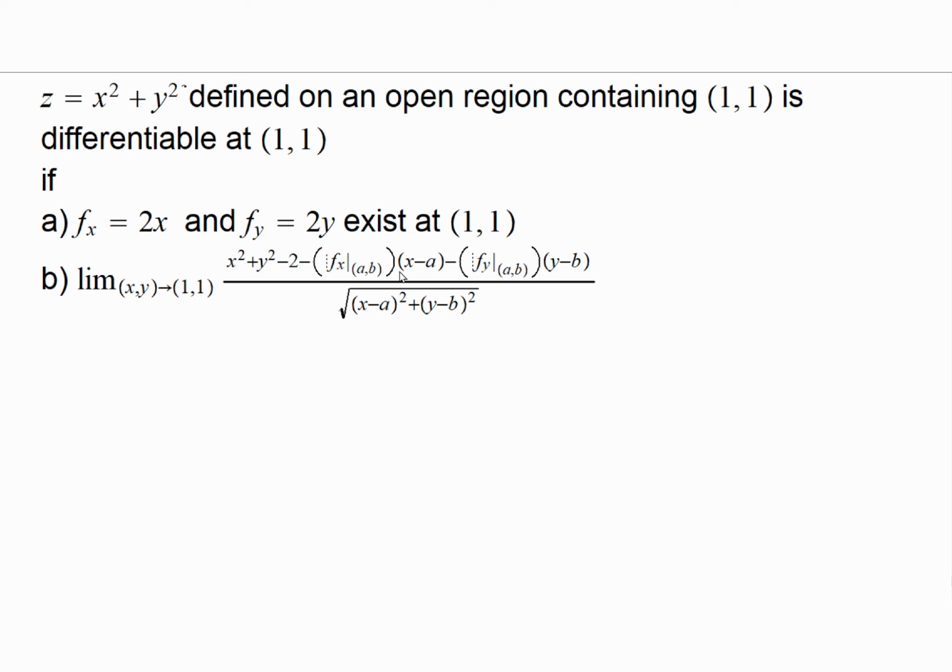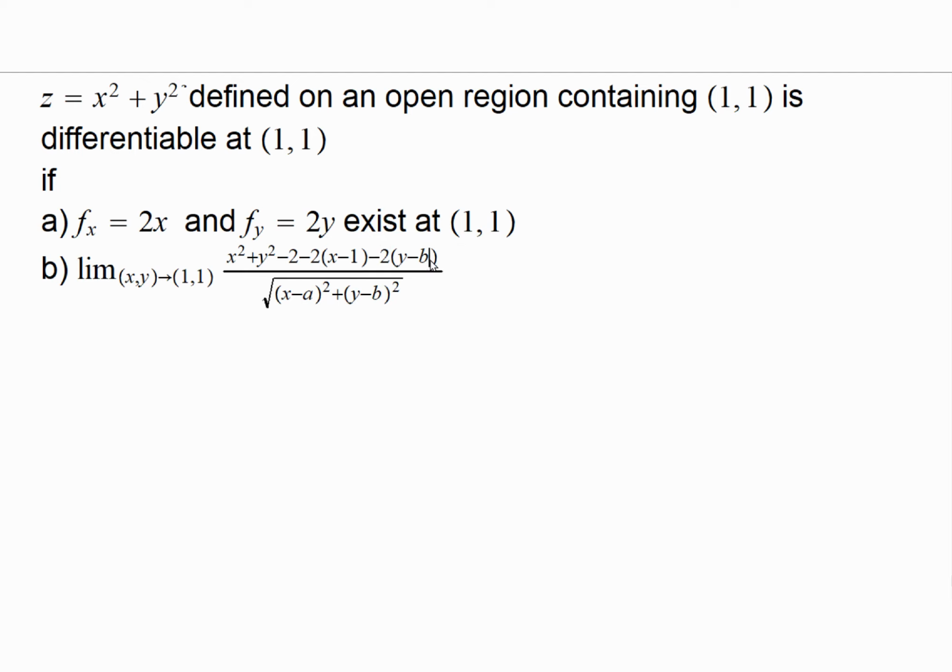Then the partial derivative with respect to x at (1, 1), substituting x equals 1, is 2, and a is 1. The partial derivative with respect to y at (1, 1) again is 2, and for b we have 1.